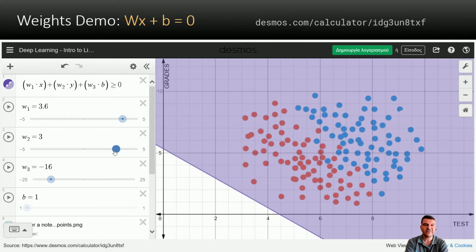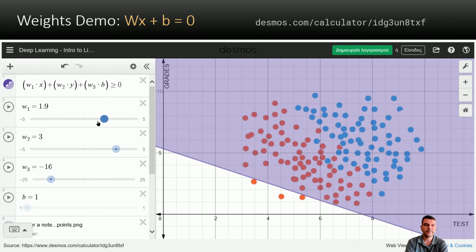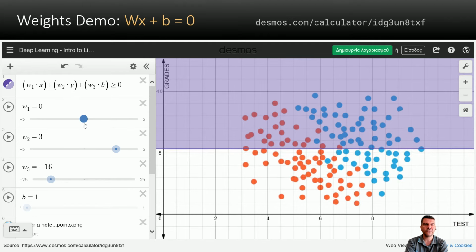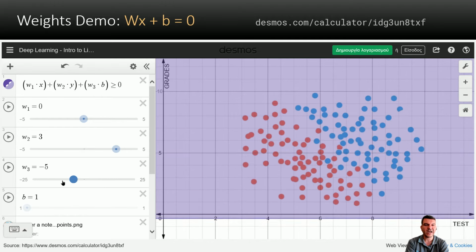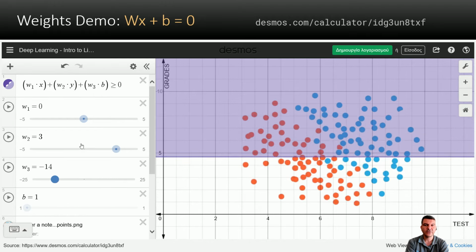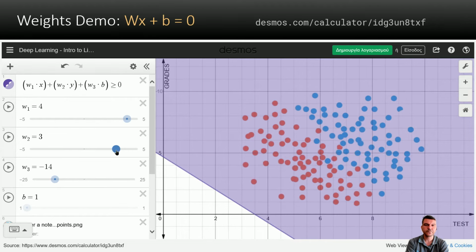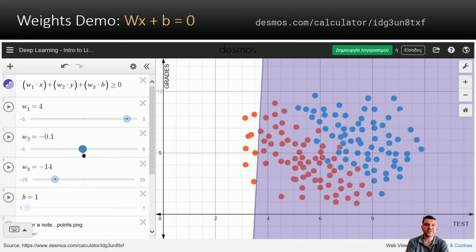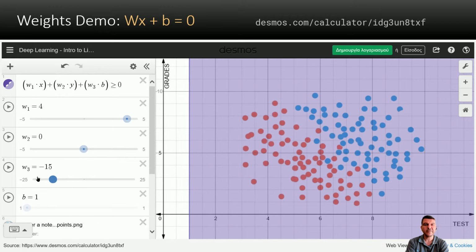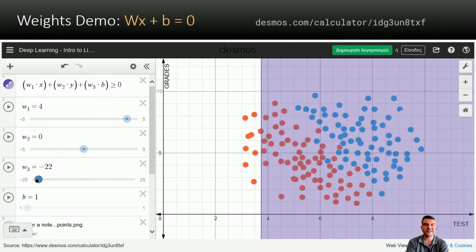So if I have, for example, this kind of line that is almost horizontal, altering the bias will move the line up and down. While if I have, let's say, a vertical line like this one, altering the bias will move the line right and left.